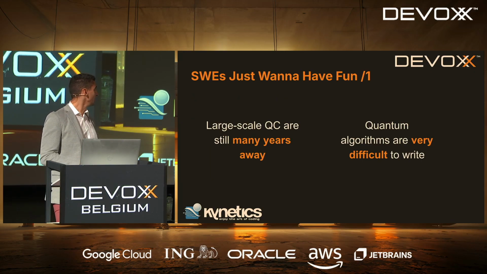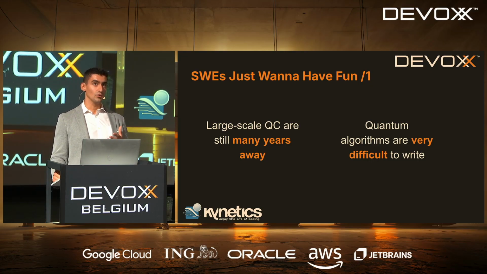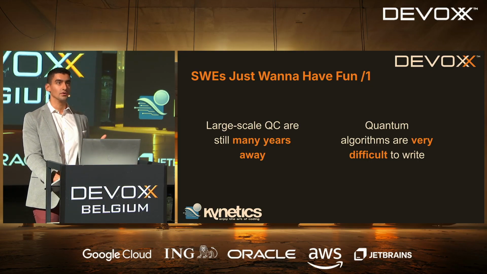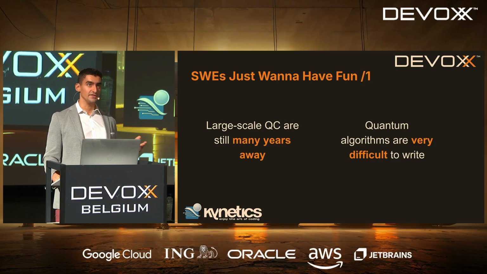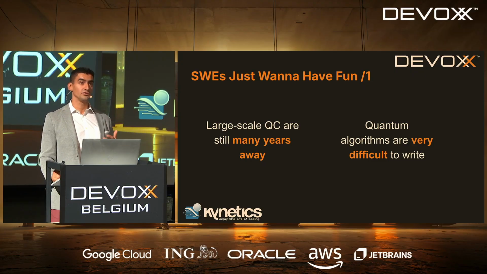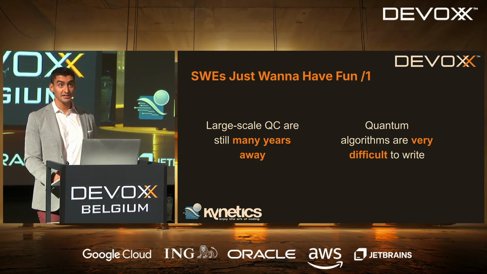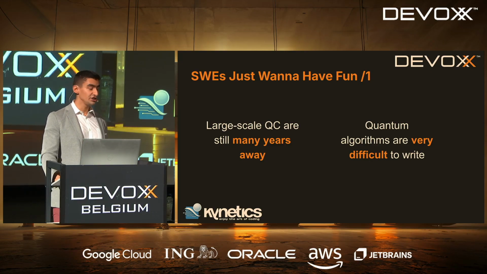Now, this sounds very theoretical, and at this point, you might be wondering what's in it for software developers. Why should we even care about it? Surely, it's very difficult that we have to write quantum algorithms. At the moment, this is just something for physicists and mathematicians.